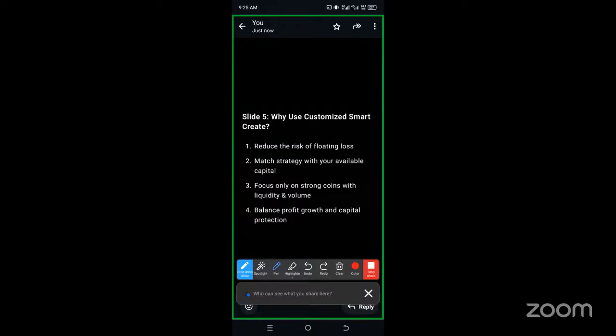Number three, it focuses only on strong coins with liquidity and volume. We don't trade the other small coins. I know many people who are in very huge floating loss. If you are trading these coins and use customized Smart Create very well, my friend, I'm telling you, number one will be valuable: reduce the risk of floating loss.